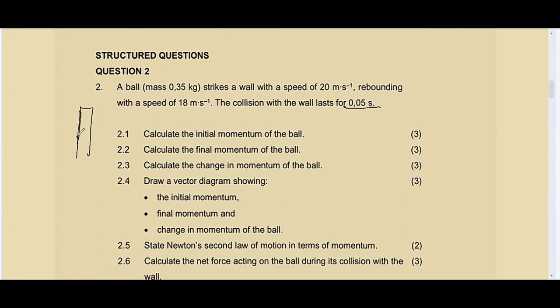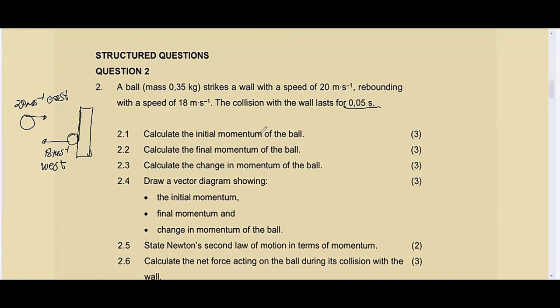Representing it in terms of a diagram, this is a ball of 0.35 kg projected at a speed of 20 meters per second. It hits against the wall, then rebounds at a speed of 18 meters per second, right? If we assume that the ball was thrown east, then after hitting the wall it rebounds in the western direction, right?